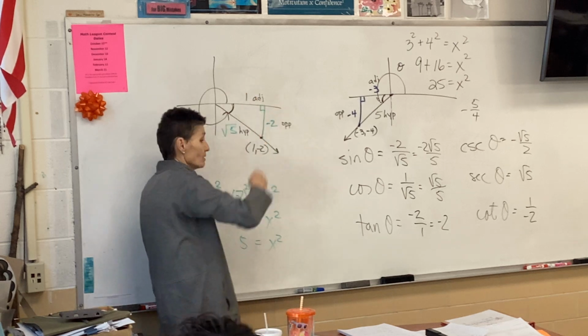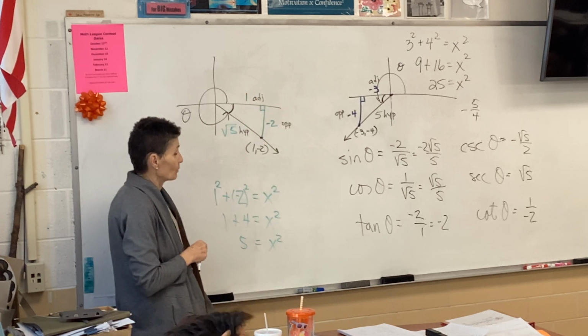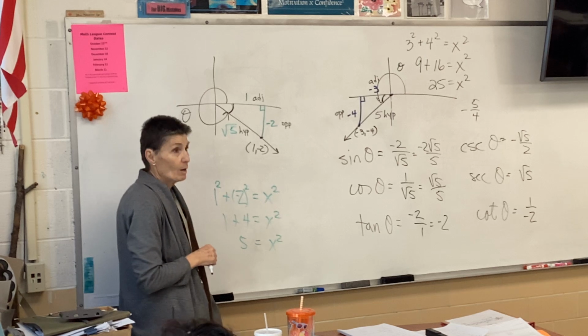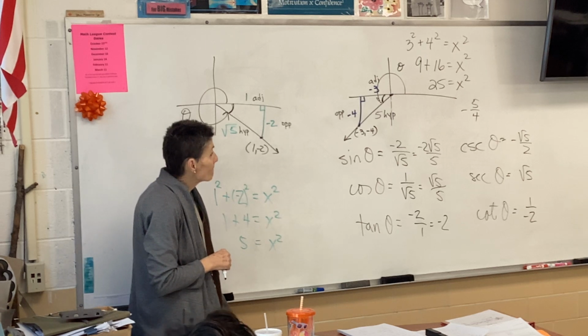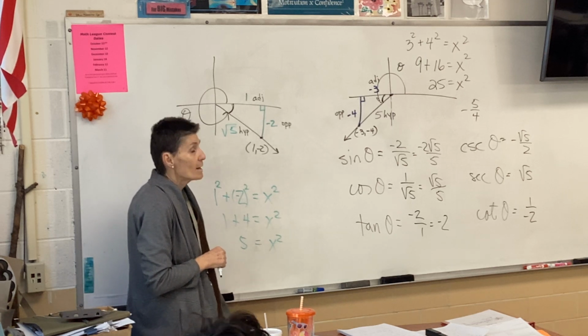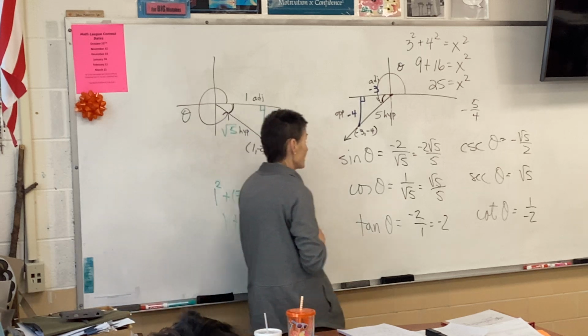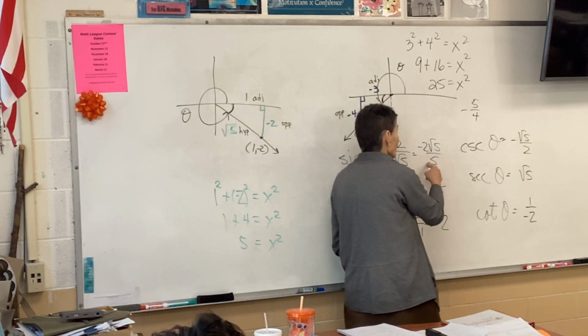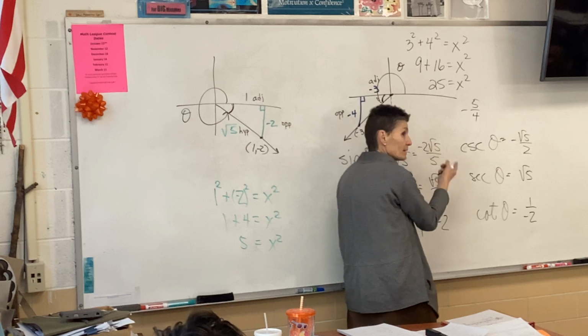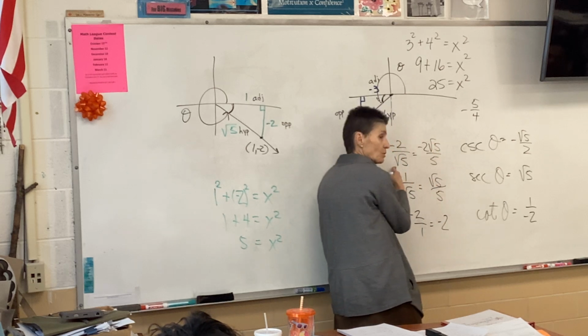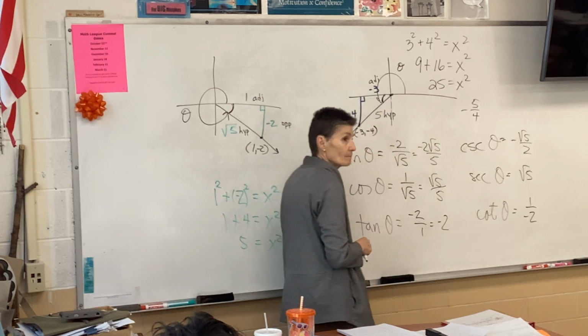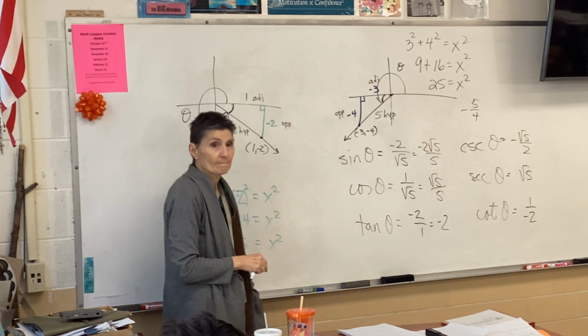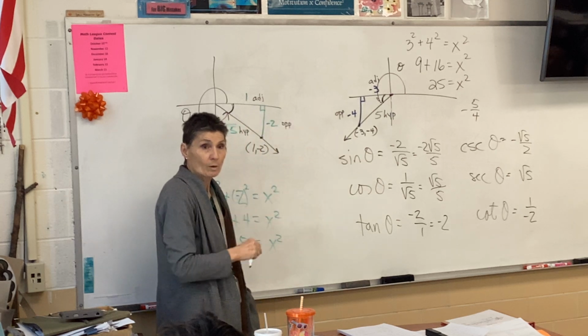But if it's anywhere else, you're going to have a few negatives floating around. Bo? When you change it from the reciprocal, you're doing it from the original number. Yes, we talked about that the other day, because if I flip this, I'm going to have a radical in the bottom. So it's easier to flip this. All right, we're going to do one more, ready?